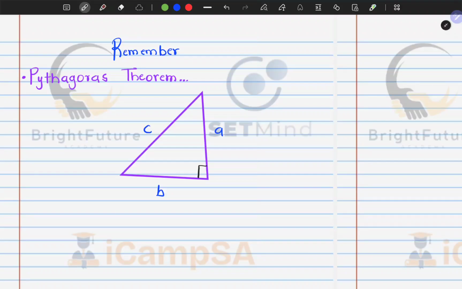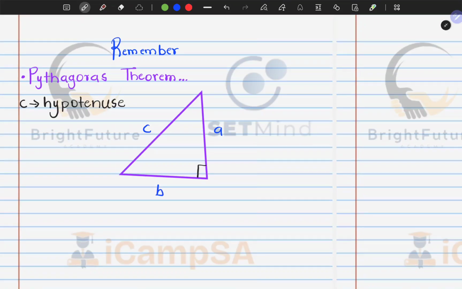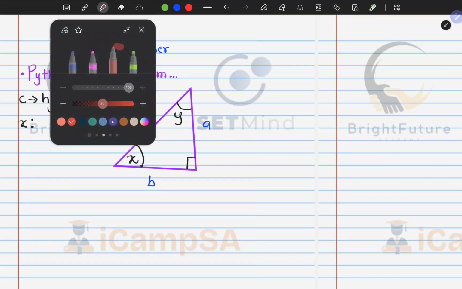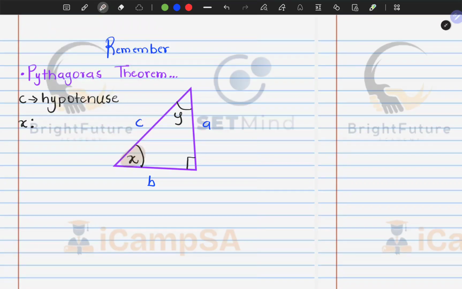What Pythagoras says is about the value of C. C is what you call your hypotenuse. Then I'm going to have one of the angles being X, and the other one, which is Y. If we are standing here in position X, then B becomes our adjacent side.